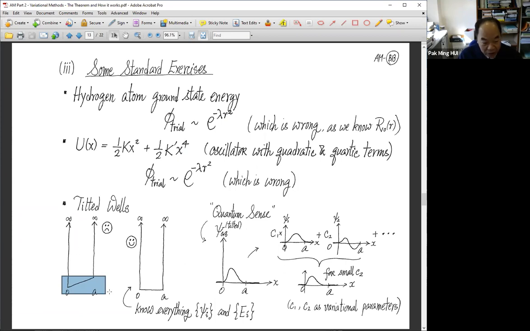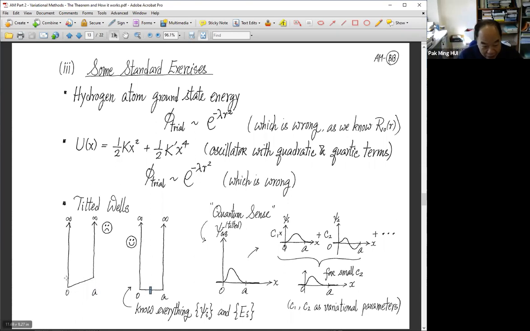All right. So this is not easy to solve. Nonetheless, we know this problem, and we have some quantum sense. For example, if you are going to guess the ground state energy of this well, pay attention to some quantum sense: this side has lower potential energy than the other half of the well. If it is flat, we know the ground state is symmetric about the middle. It's a sine wave, okay?